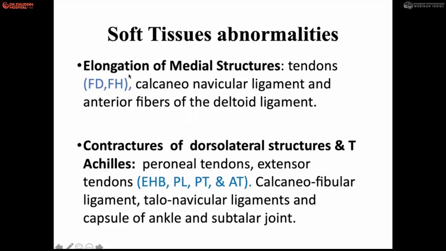Here I can say the elongated medial structures are the tendons, flexor digitorum and flexor hallucis longus, as they lie mostly on the medial side. Along with that, the calcaneonavicular ligaments and the anterior fibers of the deltoid ligament are elongated, while the dorsolateral structures and tendo-Achilles, including peroneal tendons, extensor hallucis brevis, peroneus longus, peroneus tertius, and tibialis anterior, are contracted.